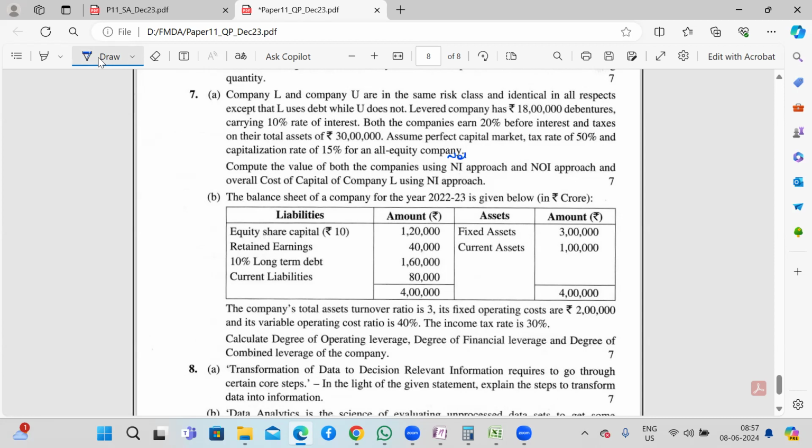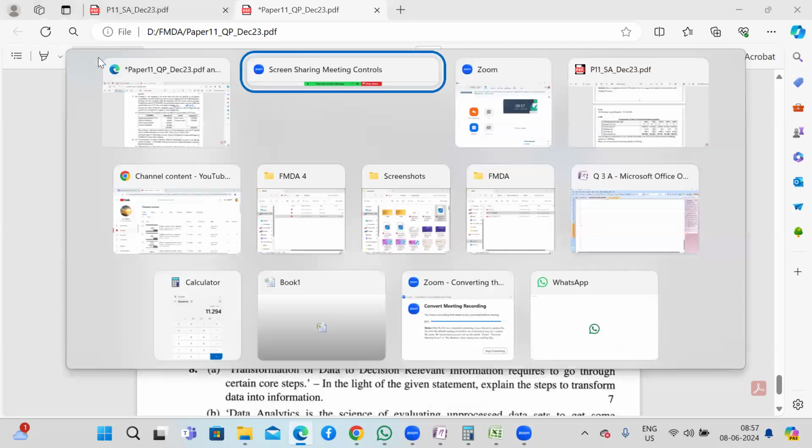So this is the net income approach. This is based on net operating income. NOI is net operating income. Based on both of these, we need to calculate. So let's calculate this.